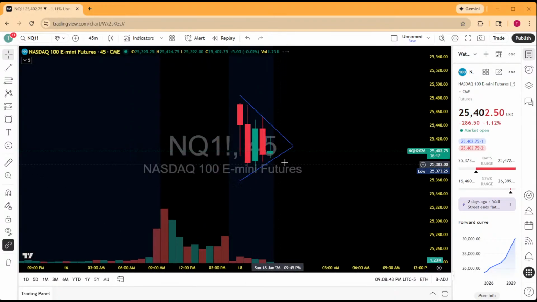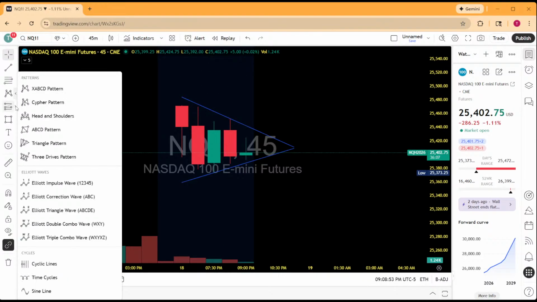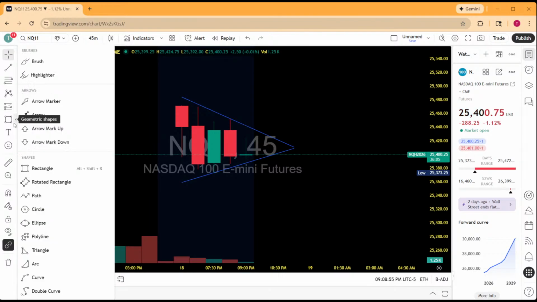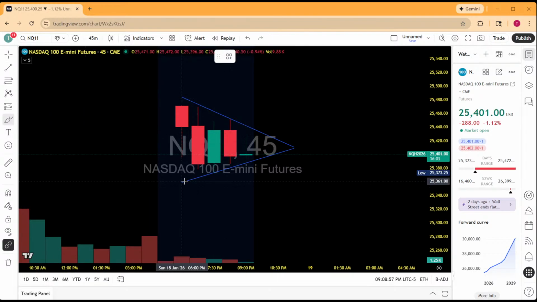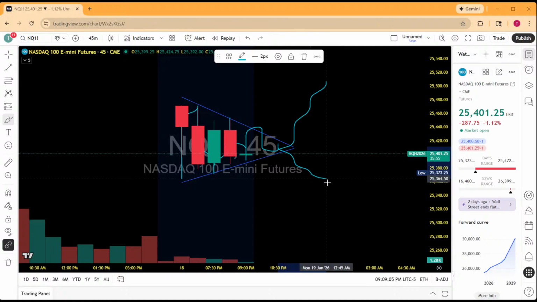Right, so look at 45 minutes again, let's wait for this structure to maybe reach until here and then break one side. So at least we have some pattern getting developed right over here in this area. Right, look at this side or this side. So we have to wait. So this is what I wanted to show you, that in the market we always have to wait.